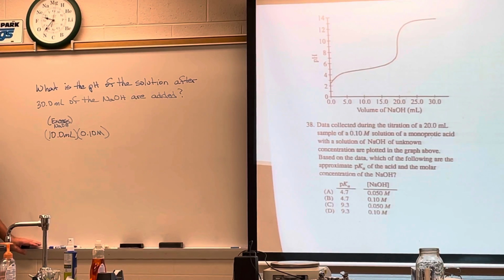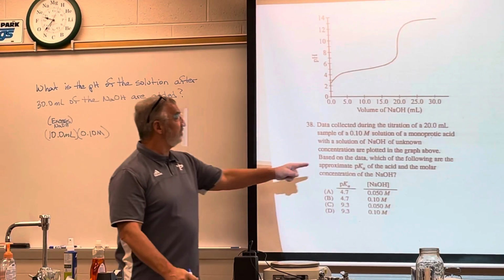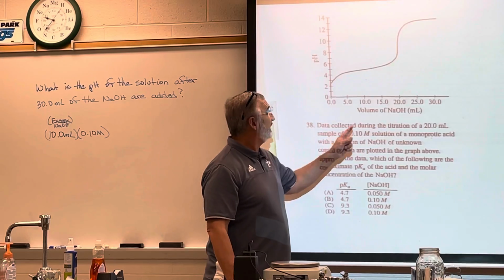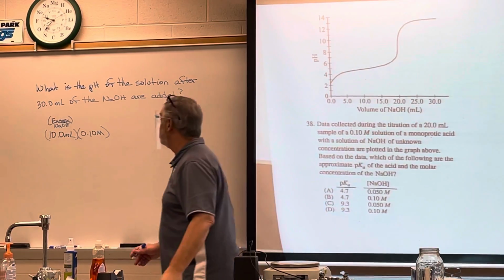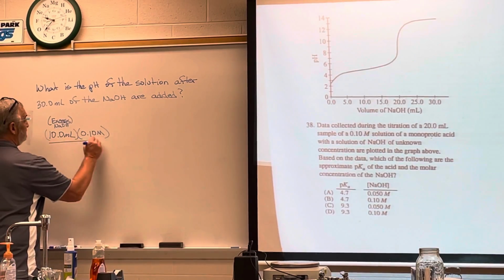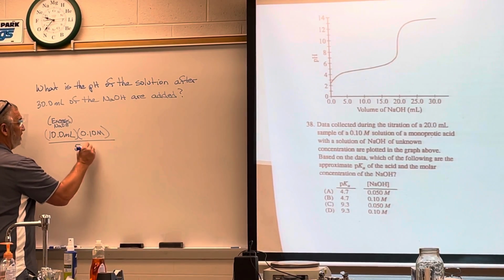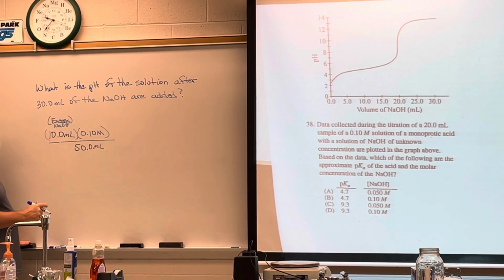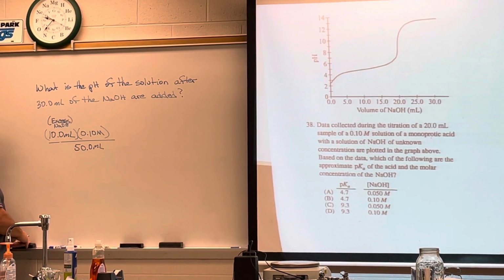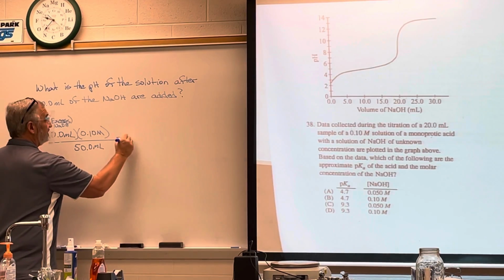But what volume is it in now? 50. Because we started with 20 milliliters of the acid, and we added in 30 milliliters of the base, so our total volume now is 50 milliliters. So we have 1/5 of 0.1, which makes it what? 0.02.